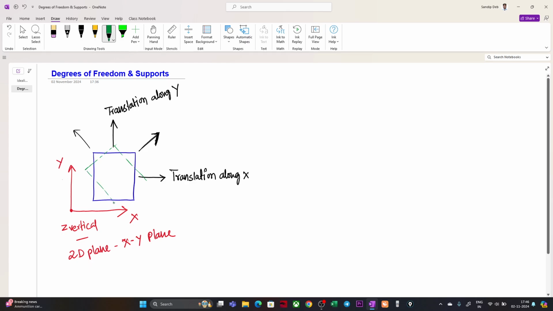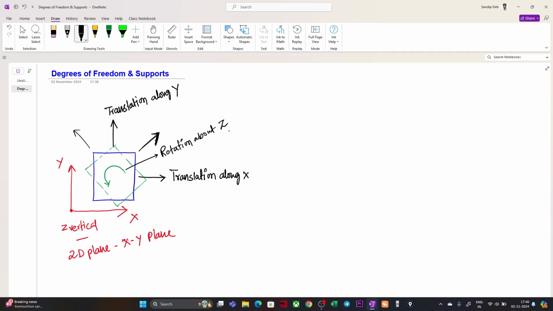So this is my rotation about the z axis. These three movements of this particular paper or system are independent.